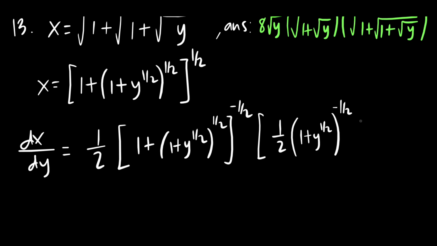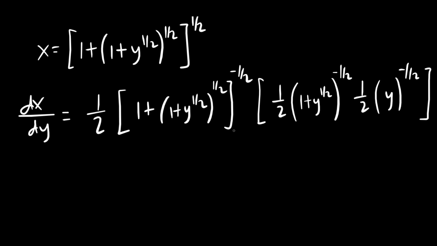So what is the derivative inside? It should be 1 half multiplied by y. So 1 half minus 1 is just equal to negative 1 half. So this is the proper way to deal with the square root.